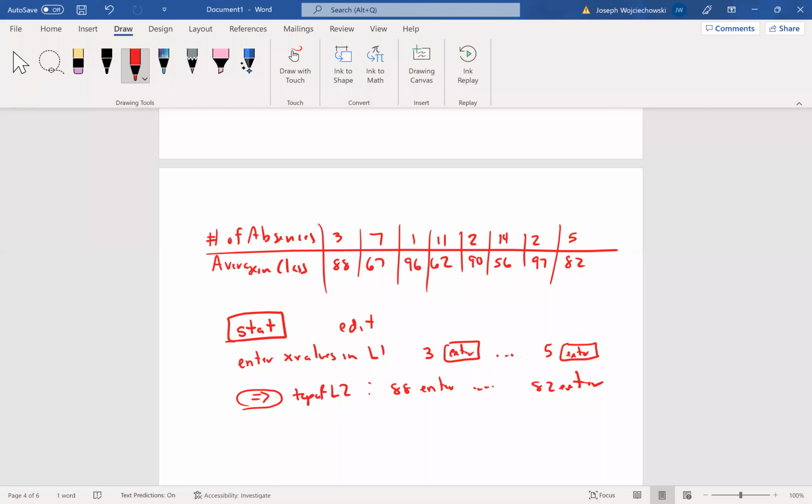Then we're going to hit stat again. Then we're going to arrow over so that we're at CALC across the top. Then we're going to arrow down until we reach, on my calculator, it's 4, LINREG AX plus B. So we go down to that and hit enter.